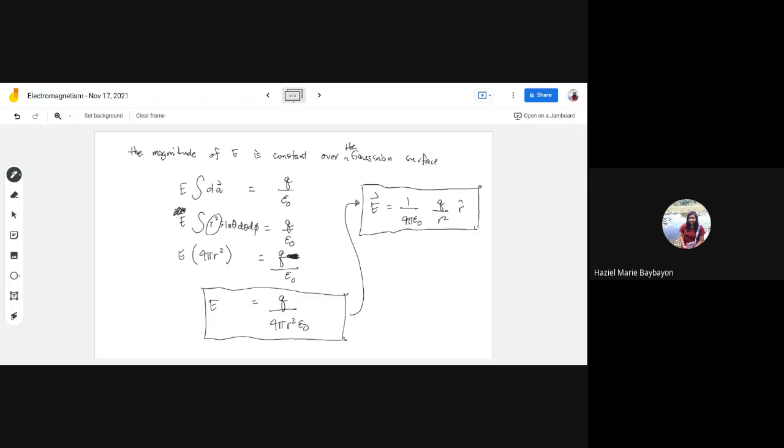All right. So notice that the field outside the sphere is exactly the same as it would have been if all the charge had been concentrated at the origin. So mura lang siya og sa point charge class. So the same lang siya sa point charge.